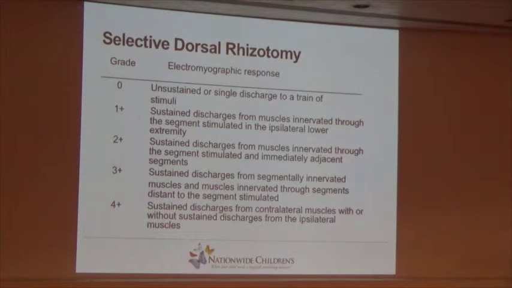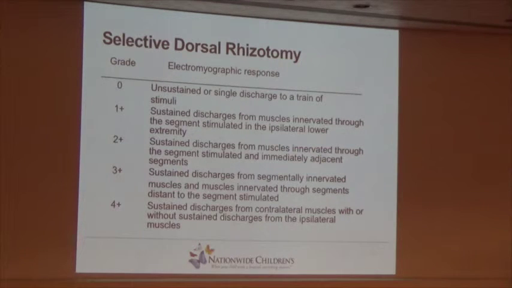This is what we use. We use electrophysiologic response, and we're able to show a differentiation between a variety of the nerve roots as we test them, and we tend to section the nerve roots that are in the 3+ and 4+ range, because they're the ones that we theoretically believe are contributing to the spasticity of these muscles.